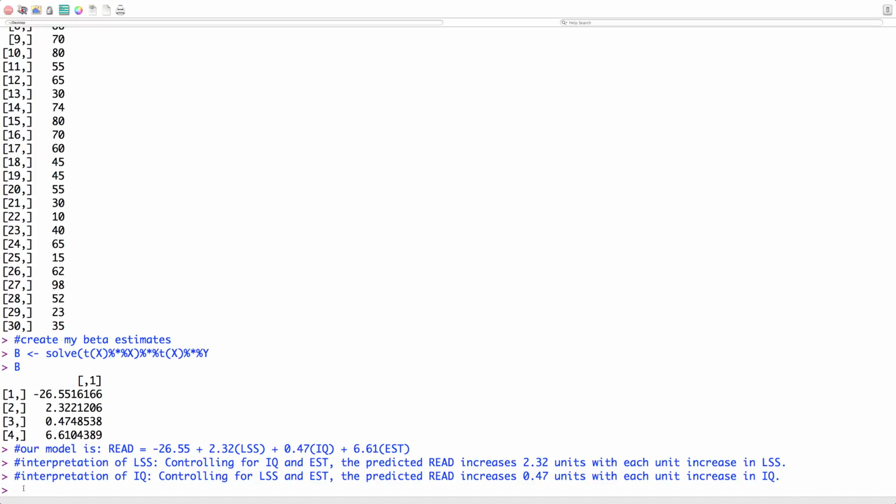Okay, the next thing we want to do is get our standard errors for our betas. So next, we'll calculate the variance covariance matrix for our betas.